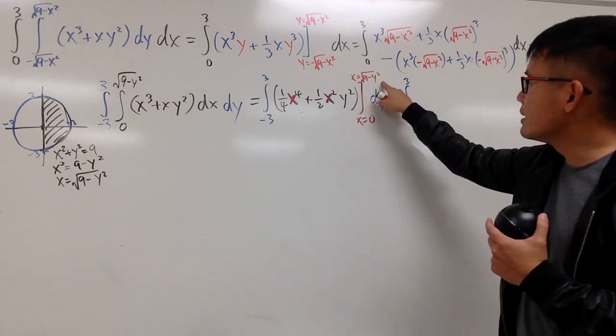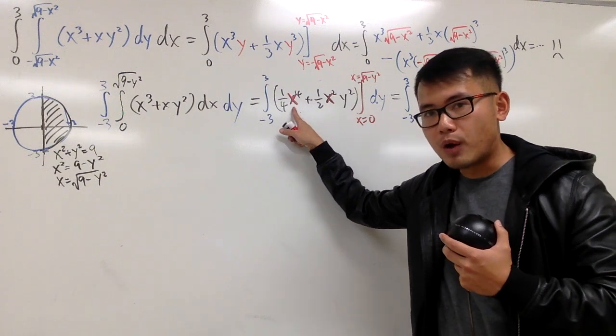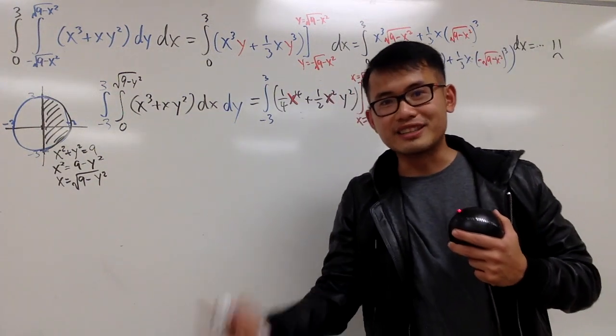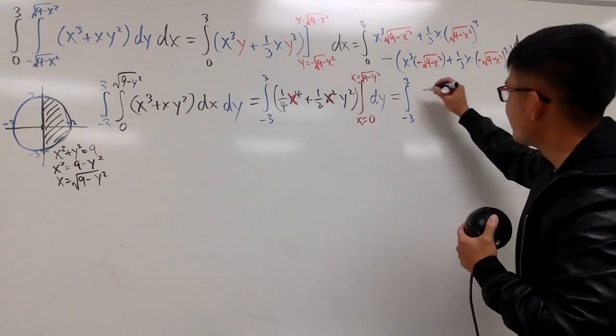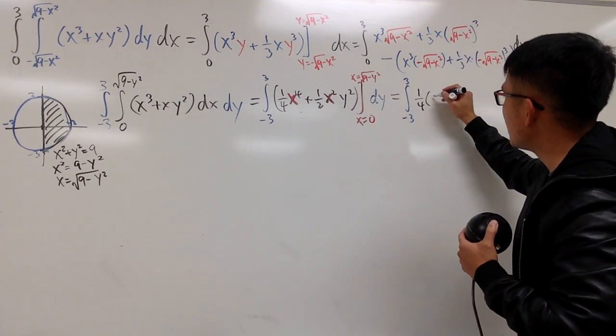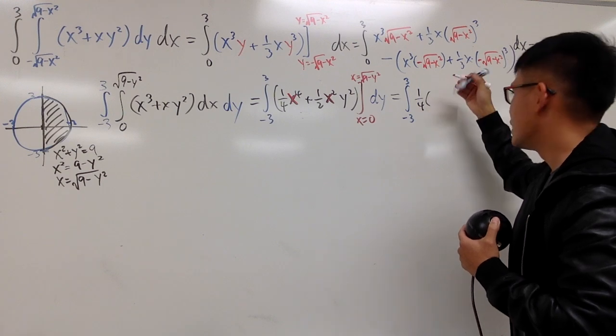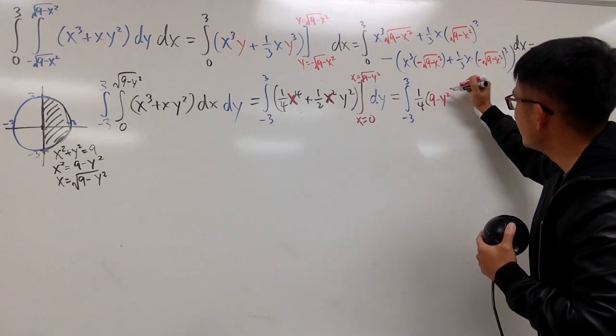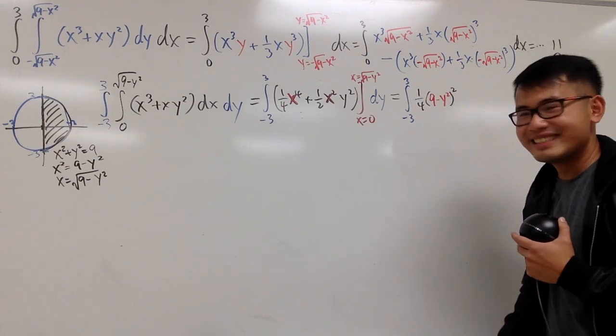Now, when I'm plugging this into x to the fourth power, square root and then fourth power becomes just the second power, right? So we have 1 over 4, and then we will have parentheses, and just the inside now, that's 9, I will put this down in red, 9 minus y squared, and then to the second power only, okay?